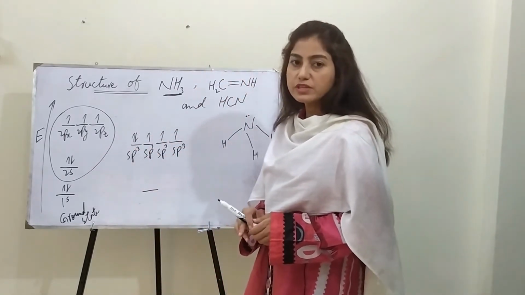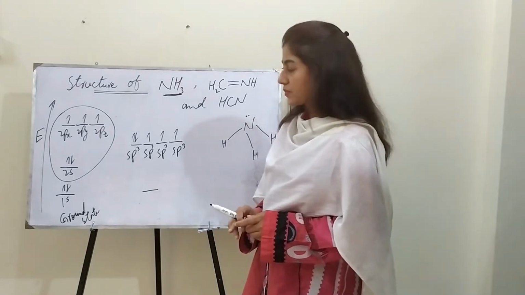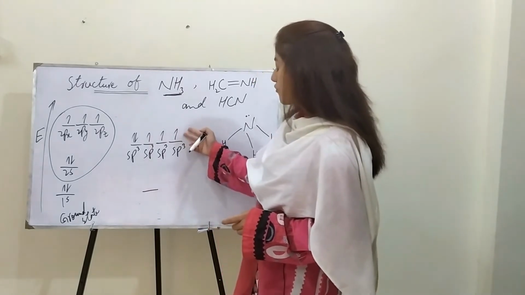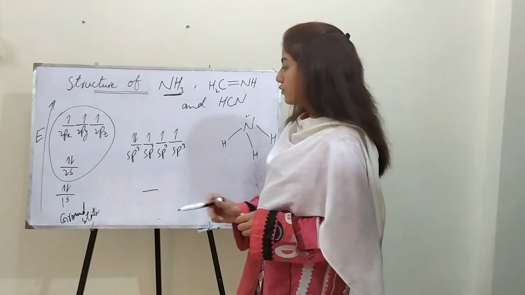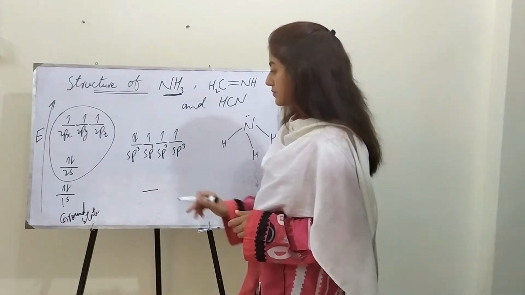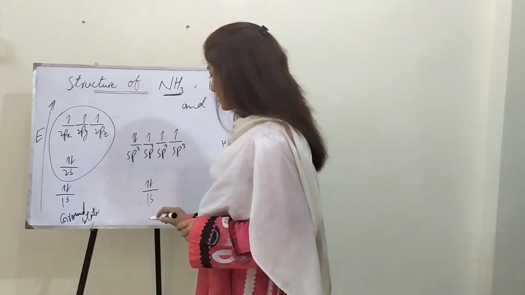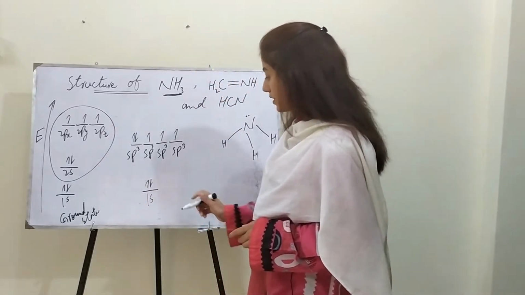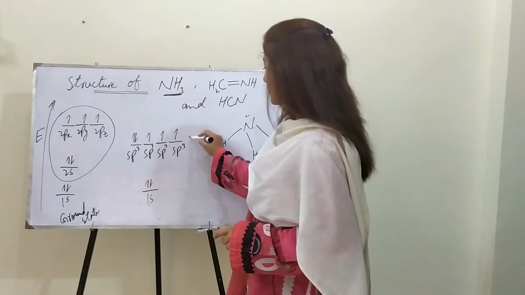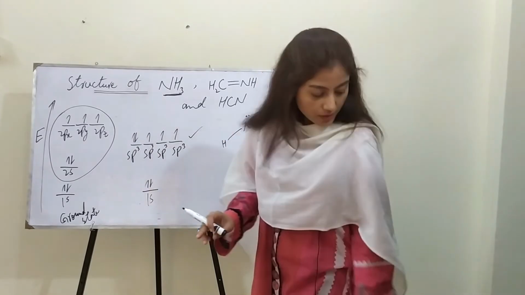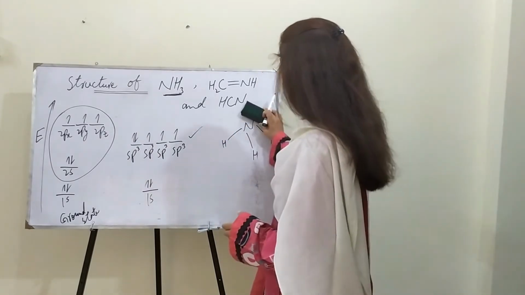The total number of electrons would remain the same. The total number of electrons would be 5 in these 4 sp3 hybrid orbitals, and the 1s orbital would remain as it is. And this is the case with hybrid orbitals.